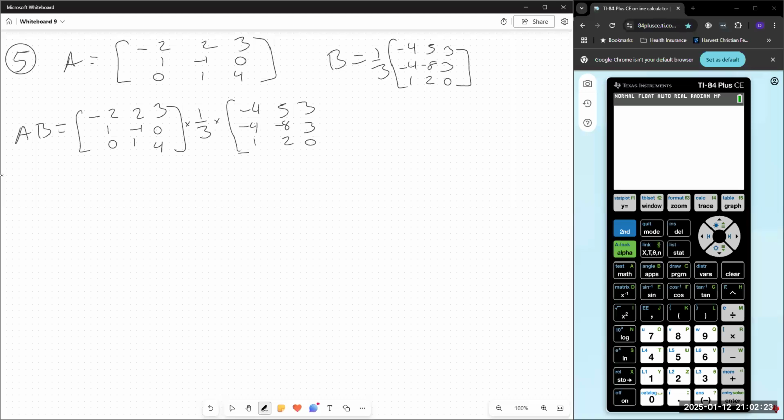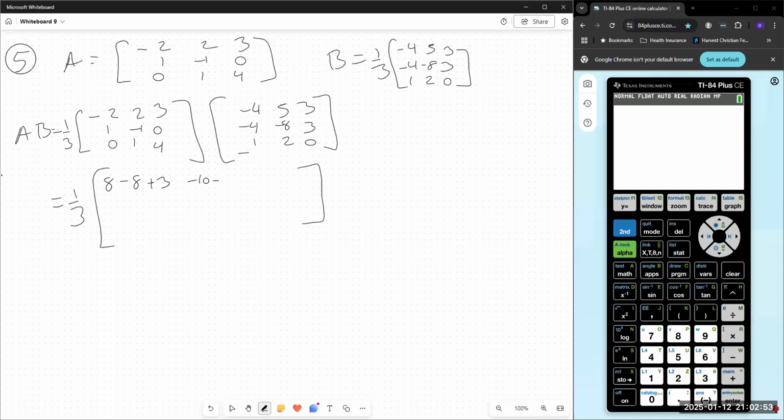So that 1/3 multiplier can come all the way out front without changing the answer. So this is 1/3 times -2 times -4 is 8, 2 times -4, -8, 3 times 1, 3, negative 2 times 5, negative 10, 2 times negative 8, negative 16.